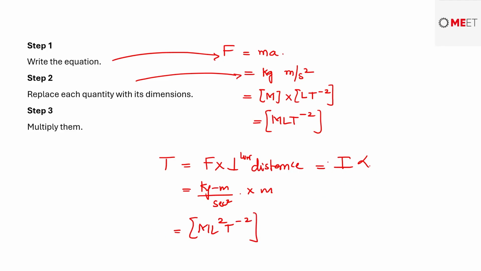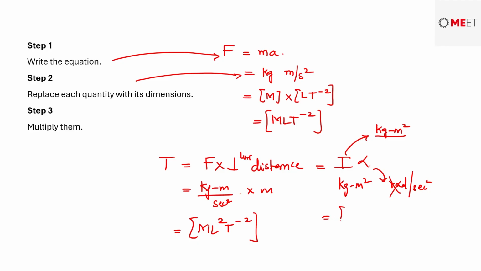Same way, the other formula for torque is I times alpha, where I is moment of inertia. Units are kg meter square. For alpha it is radian per second square, and for radian we don't have to write that in units.